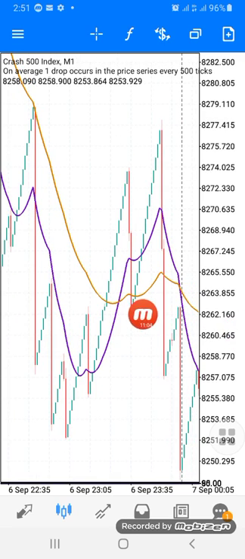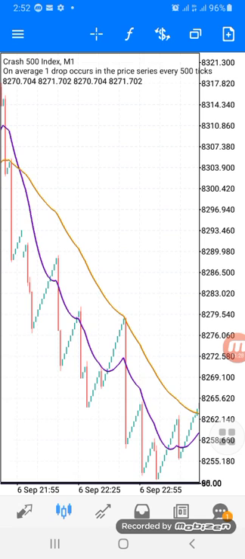That is why the difference between this crash 500 and boom 1000 is that crash 500 spikes a lot, but boom 1000 and crash 1000 tend to trend more than the crash 500 and the boom 500. So in the case of boom 1000 and crash 1000, you can take more candles or more pips as we call it.